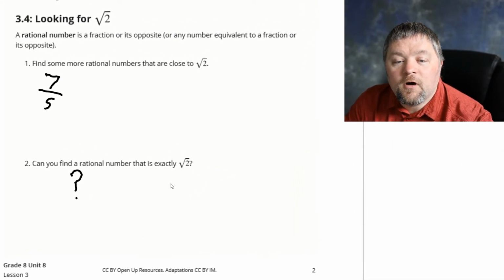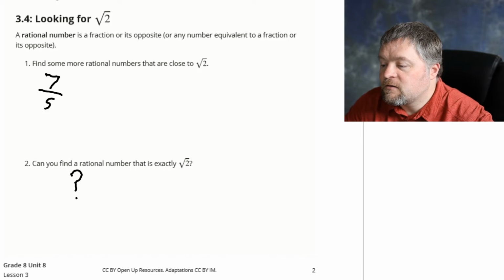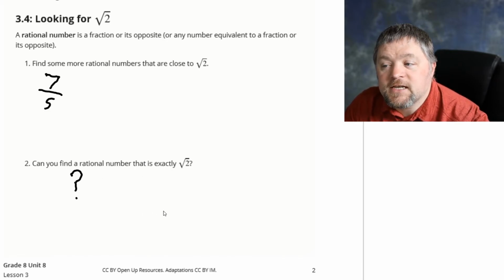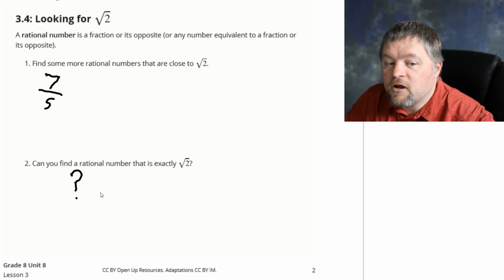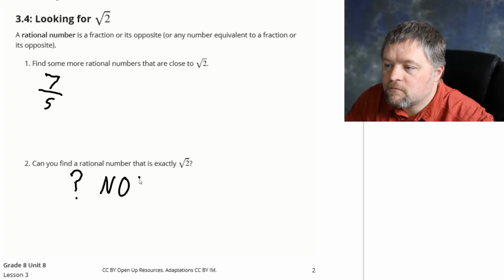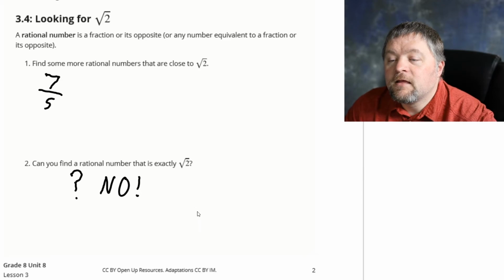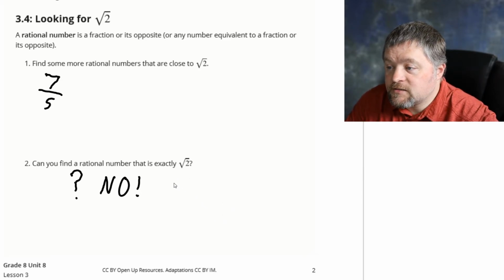Can you find a rational number that is exactly the square root of 2? No. Exactly the square root of 2 is the square root of 2.